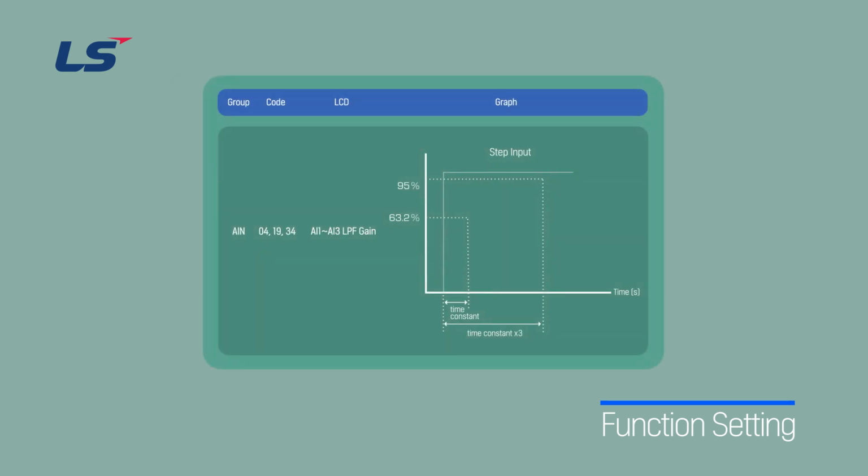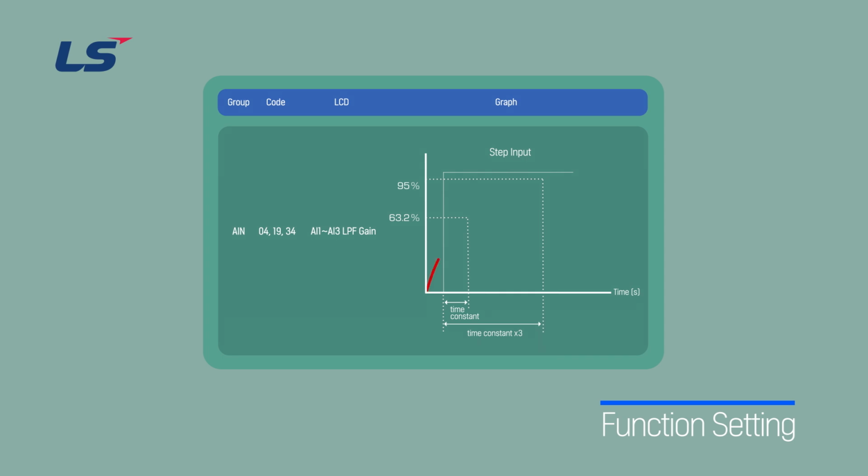Parameters 4, 19, and 34 in the AIN group allow you to set the filter time constant for the analog input. This is used when there is a lot of noise causing fluctuations in the frequency setting value. Using a filter allows only clean input signals to pass through.